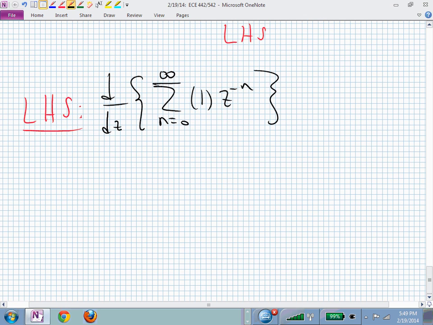Differentiation is a linear operation, so we can keep the sum to the left, and now we want to differentiate with respect to z, 1 times z to the minus n.